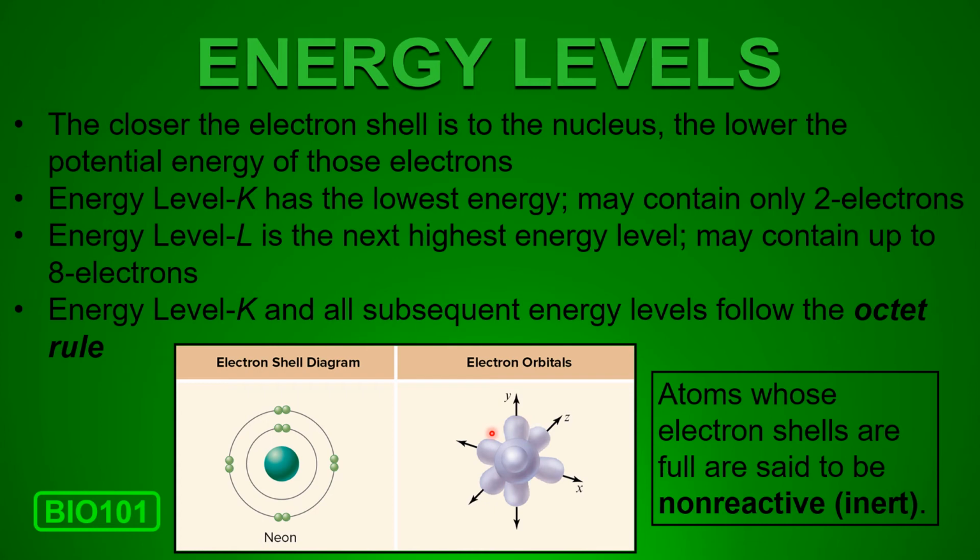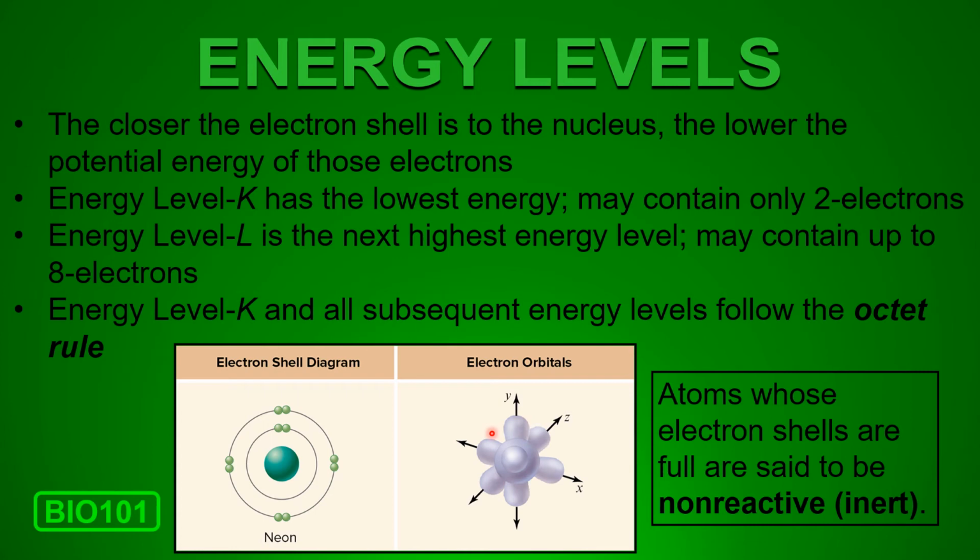So what if you have 11 electrons? You put 2 in energy level K, you put 8 in energy level L. 8 plus 2 is 10, you still have 1 left over.